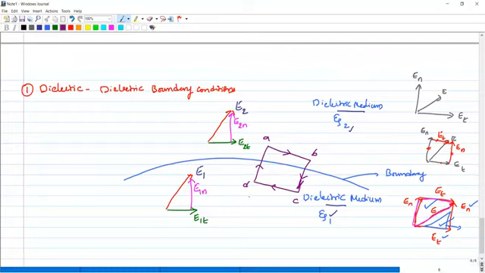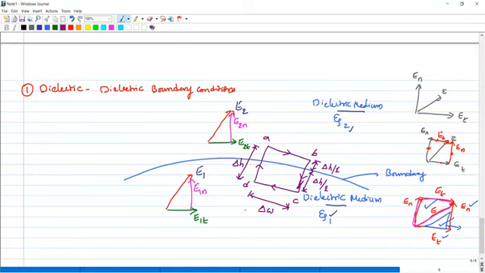This closed loop has a width of delta W and a height of delta H, so that half of the loop, delta H by 2, is in dielectric epsilon 1. The remaining half, delta H by 2, is in the second dielectric material.